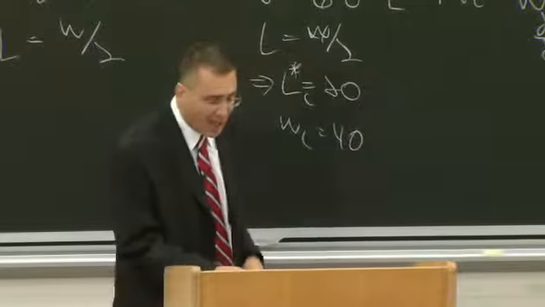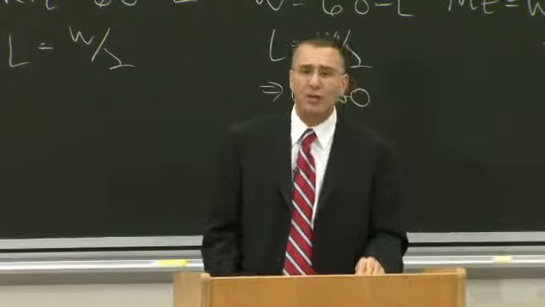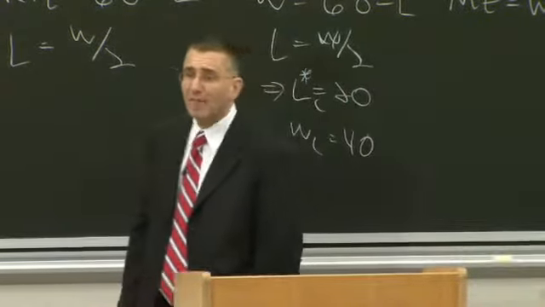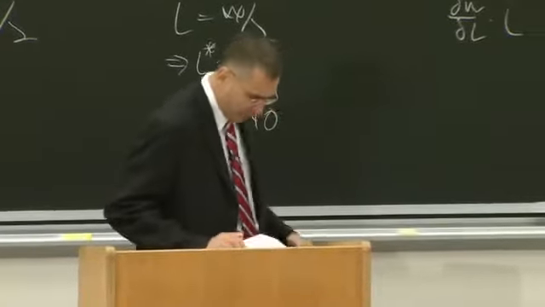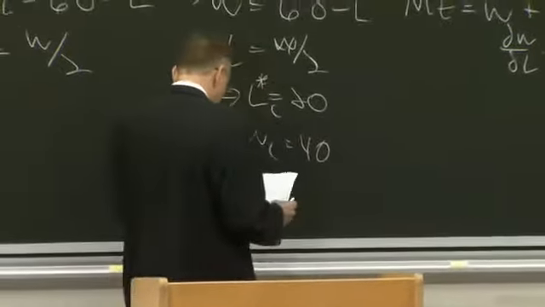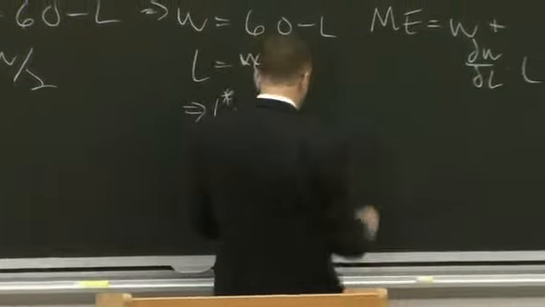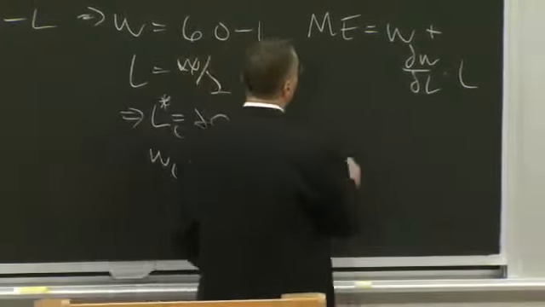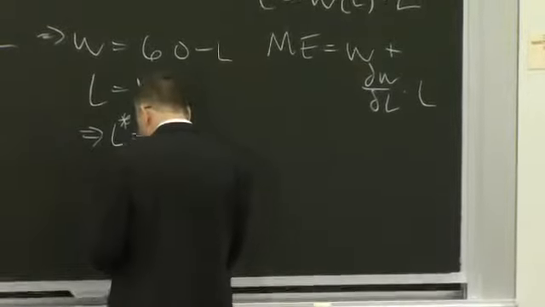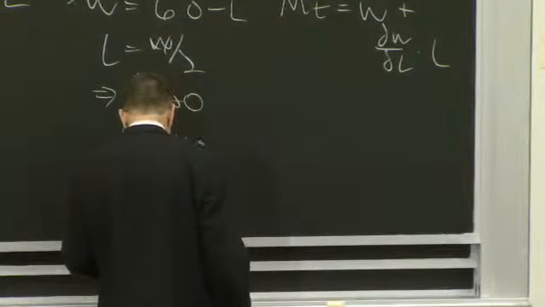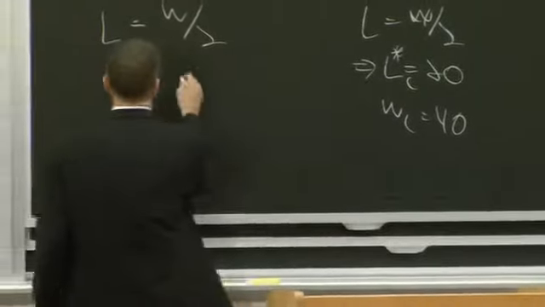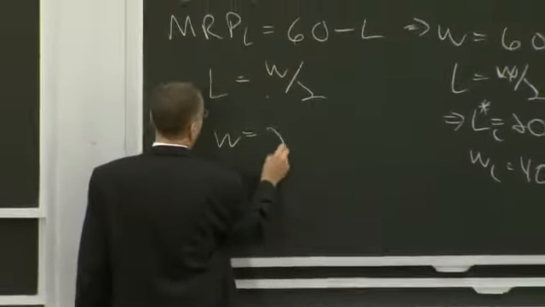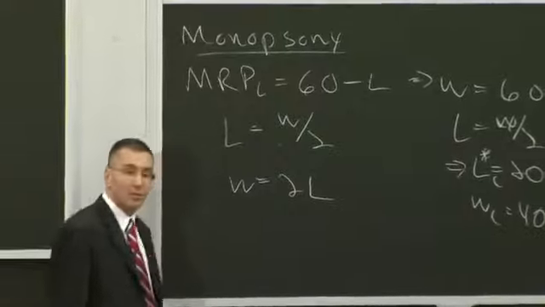Okay? So we can actually derive now a marginal expenditure curve just as we derived a marginal revenue curve for the monopolist. The marginal expenditure curve, okay, so we know expenditure is W of L times L, and from the supply curve we can rewrite this as W equals 2L, right?